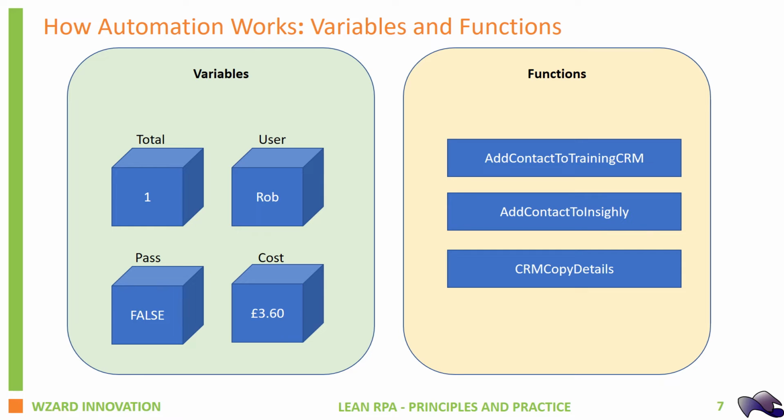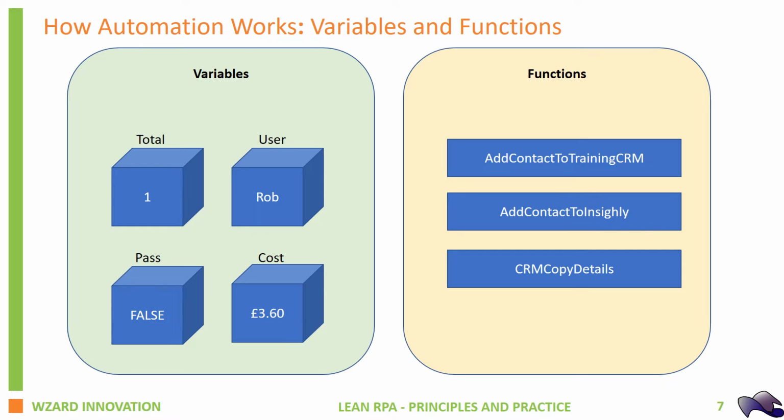Now variables are useful to us because they allow information to change over time, increment, decrement, to do maths on those variables, and to make decisions based on the values in those boxes. Variables also can be given different types of information. So we've looked at true and false previously when we considered properties.